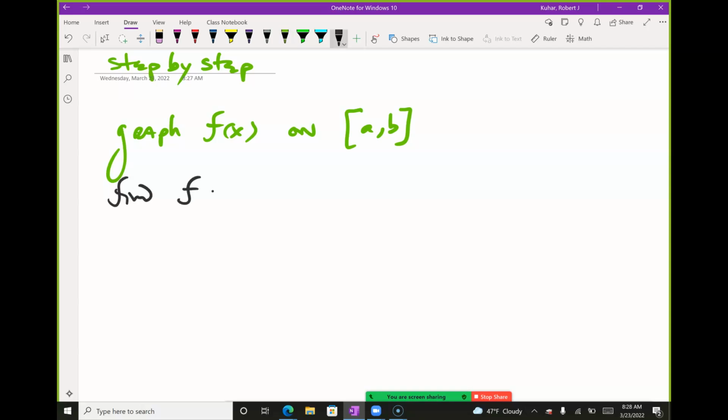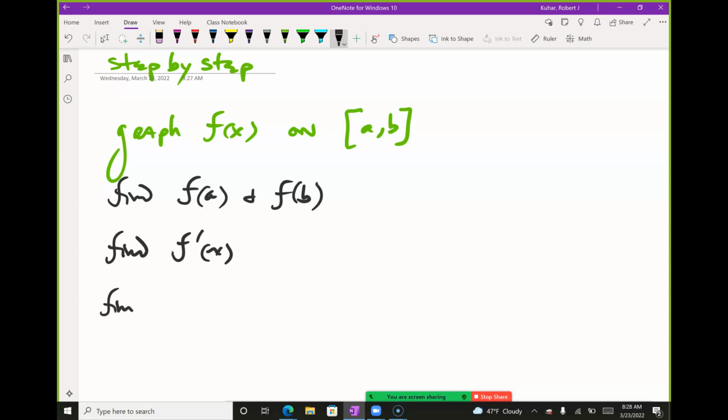Find f of a and f of b. Find the heights at the endpoints, right? Find f prime of x. Find the derivative. This is nothing new so far. I mean, that's why I like to start with this one, because it's really easy. What we do Monday's easy as well, but it's just long. It's just annoying.